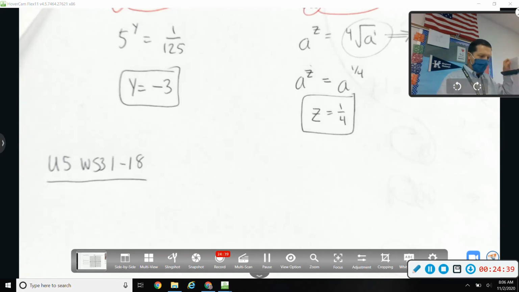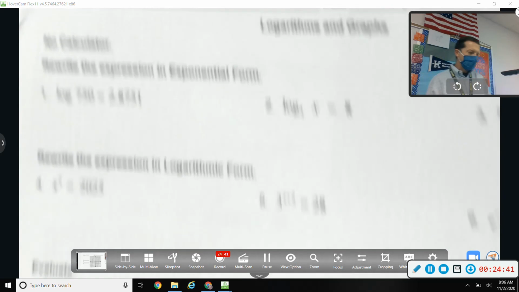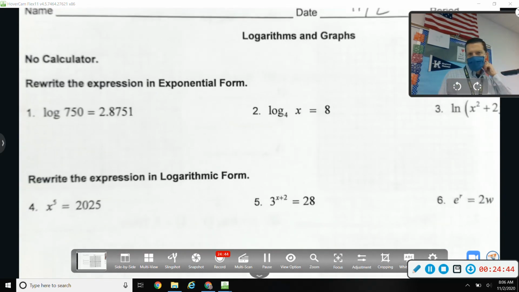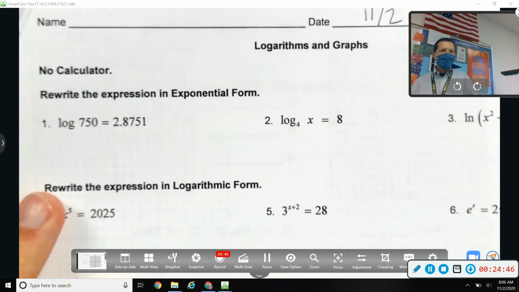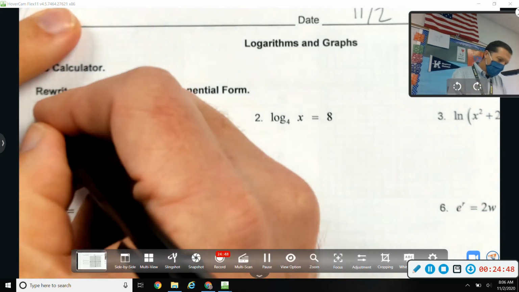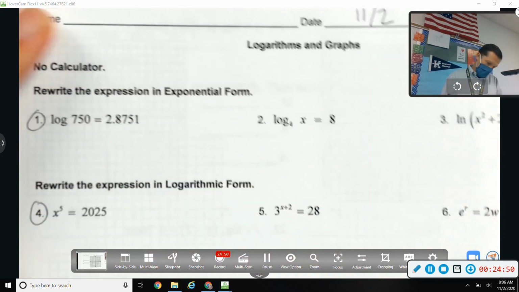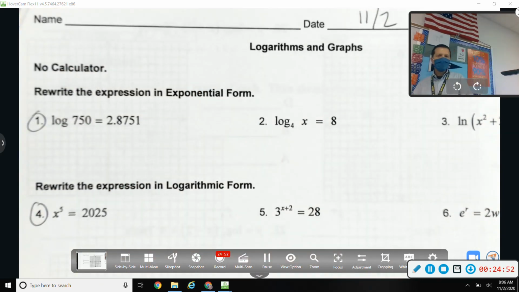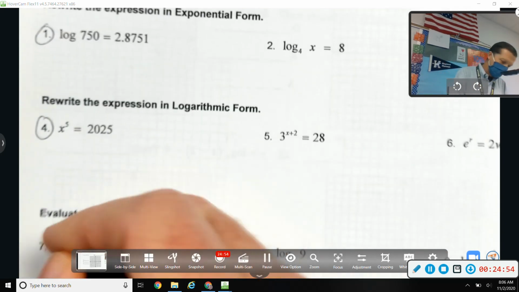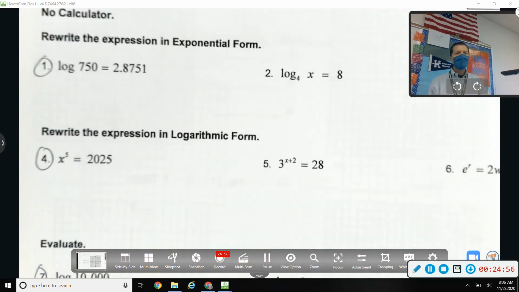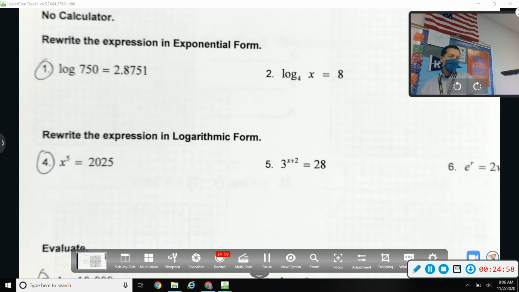Actually, let's do the first one together to make sure you understand what I'm asking for. So get your worksheet packet out, and we'll do 1 and 4 together. Oh, what the heck? Let's do 1, 4, and 7 together while we're on a roll here. So number 1 says rewrite the expression in exponent form.